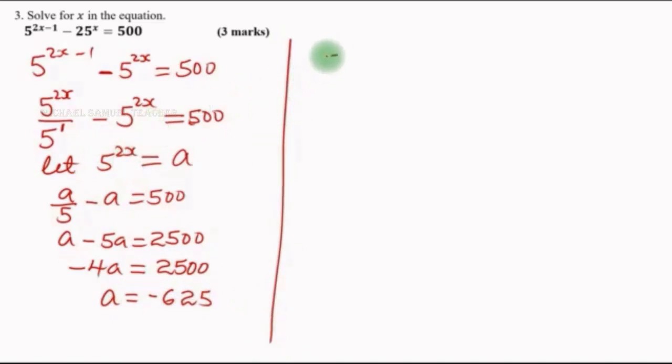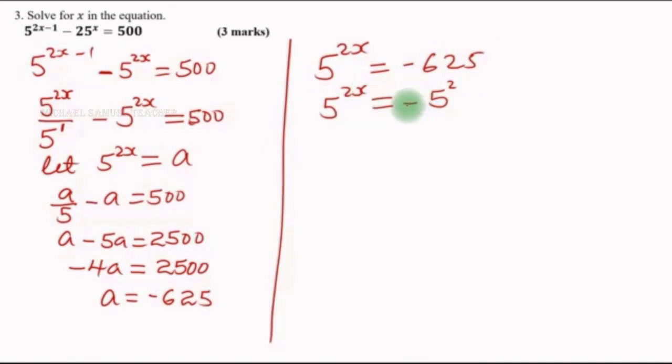But let us see here. This is 5 raised to 2x is equal to minus 625, which is the same as minus 5 raised to 4. Now, whatever we need to understand here for us to get x, whether it will be possible, consider this sign here.